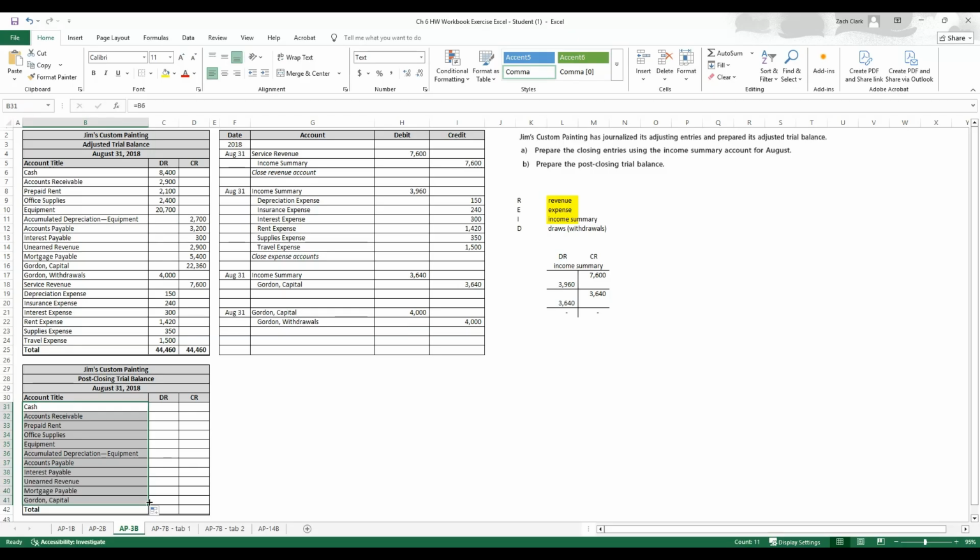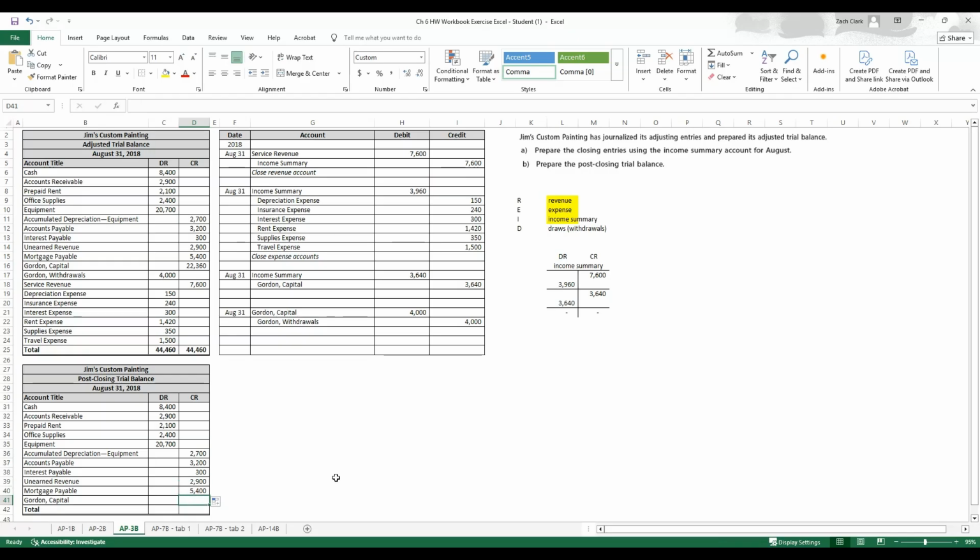We're going to update this, and it will no longer have any of these temporary accounts because those have been closed. But everything else, as far as assets and liabilities, doesn't change. We can just bring those down, link them in, which makes it easier, drag it down.